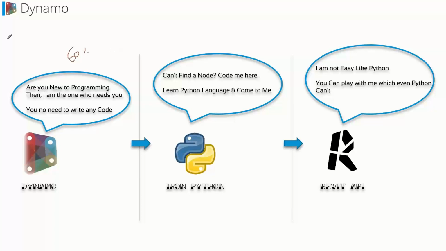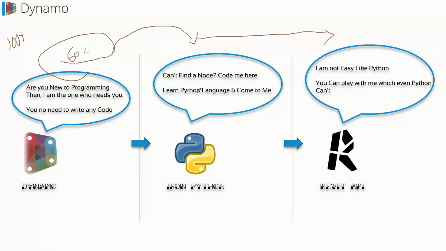From my understanding, you can achieve 100% of what you are looking for, but once you have more experience, you will realize this is not sufficient and you need more. Then you will feel the 60%. Then you will be learning IronPython and the Revit API. Even with Python you cannot achieve everything, but here you will achieve about 80%.